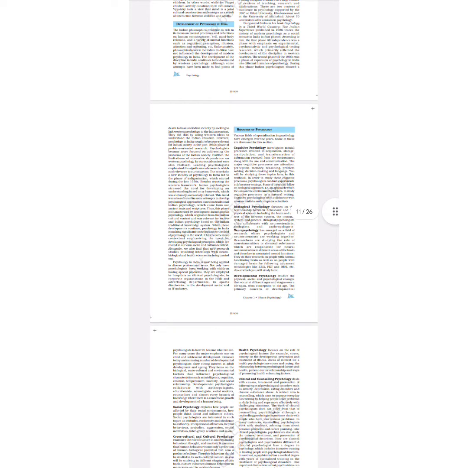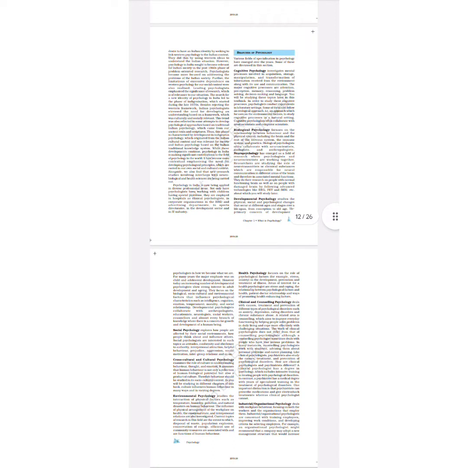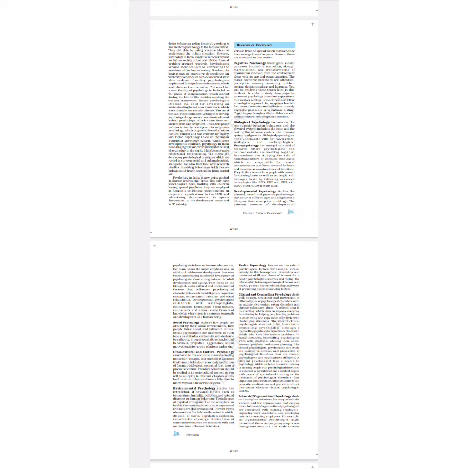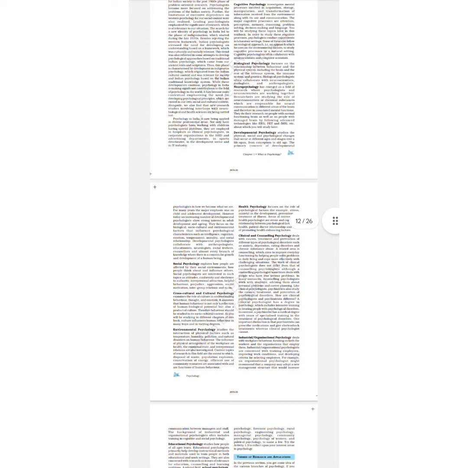Next is branches of psychology. The scope of psychology is very broad, and it extends from conception till the birth, and there are various branches of psychology starting from cognitive psychology, biological psychology, neuropsychology, developmental psychology, health psychology, so on and so forth.